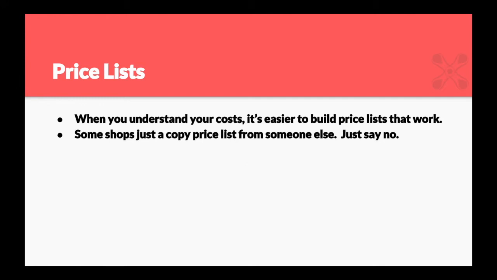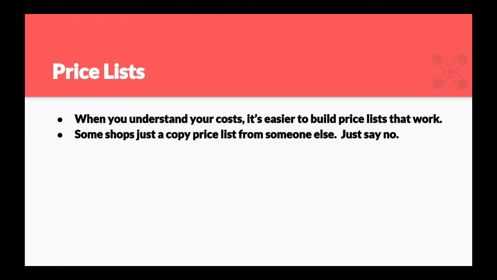I know everybody's always talking about we need to be competitive. The shop down the street is charging this, so we need to charge this, okay? But what you might not understand is that shop down the street, maybe their price list is wrong. Maybe they're not making money. So if you're using that assumption that they know what they're doing, that might be faulty information.